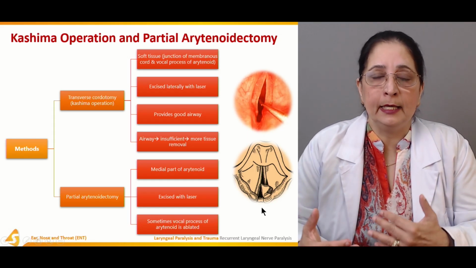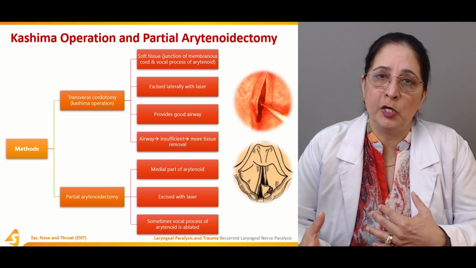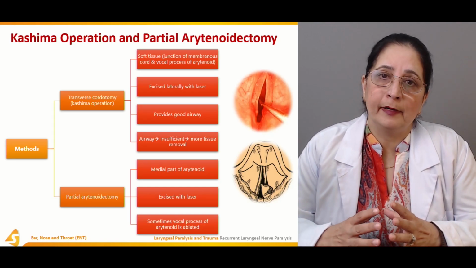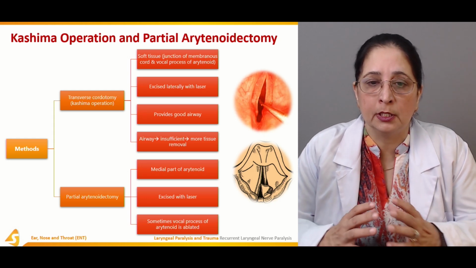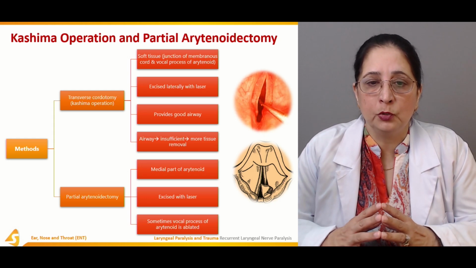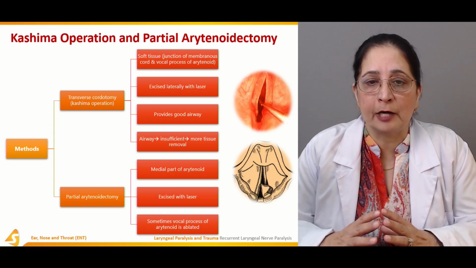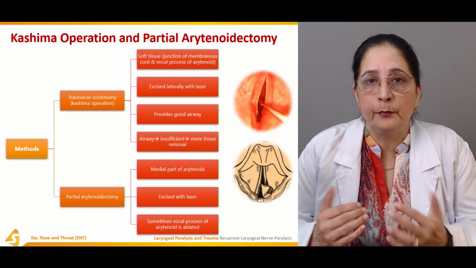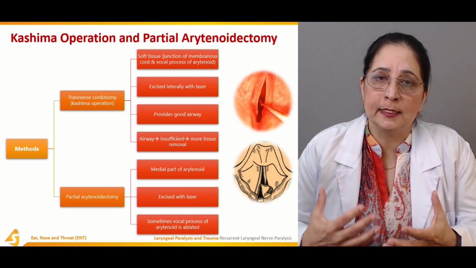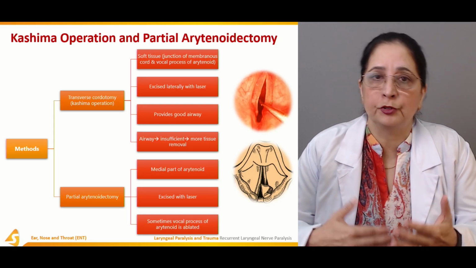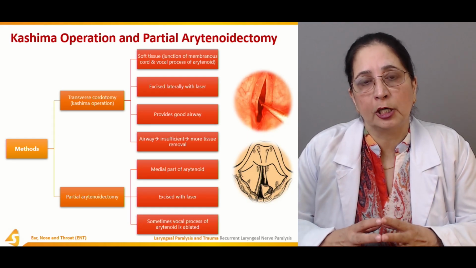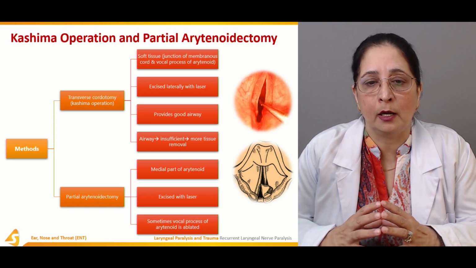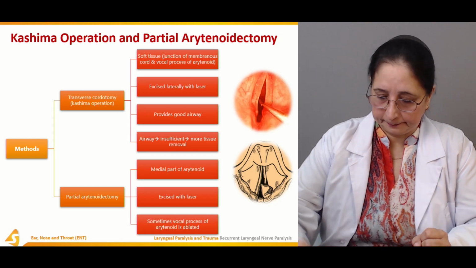So this is the other treatment option: partial arytenoidectomy and the Kashima operation, in which the soft tissues are excised laterally with laser. It provides a good airway and relieves the obstruction. Depending on how much the obstruction is, the soft tissues are excised accordingly.